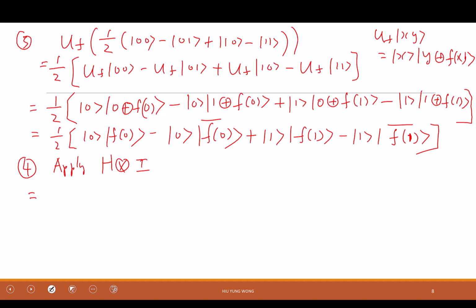Then it becomes what? First, I will keep this half here. When I apply the Hadamard gate to this term, what do you get? I apply this gate to this term. What do you get when you apply the Hadamard gate to 0? One over square root 2, 0 plus 1.